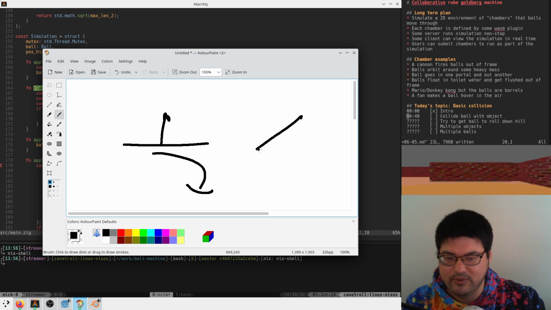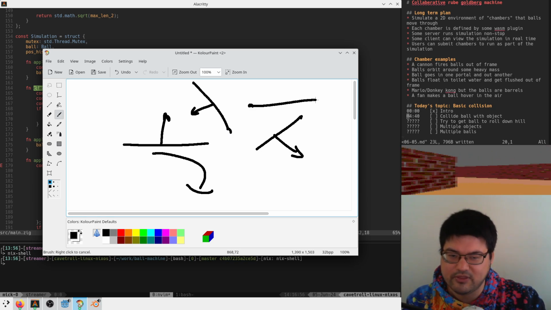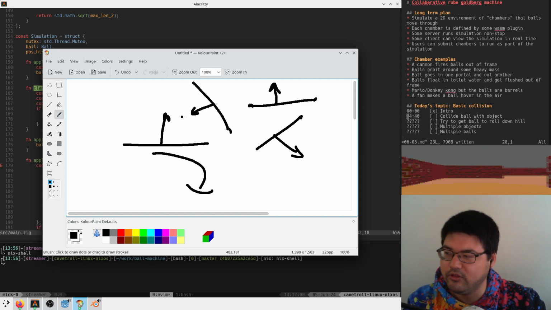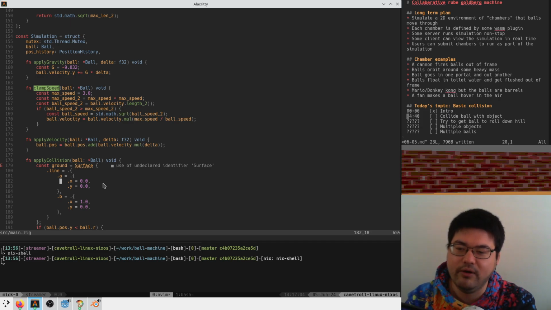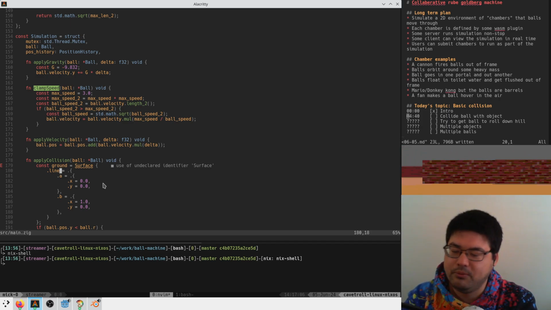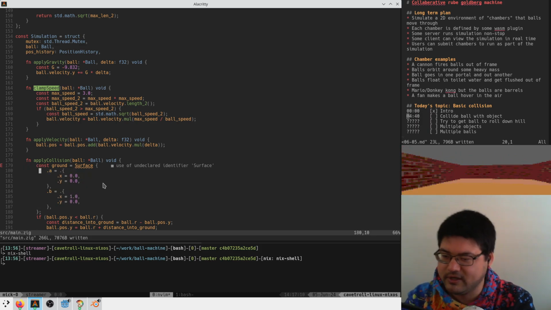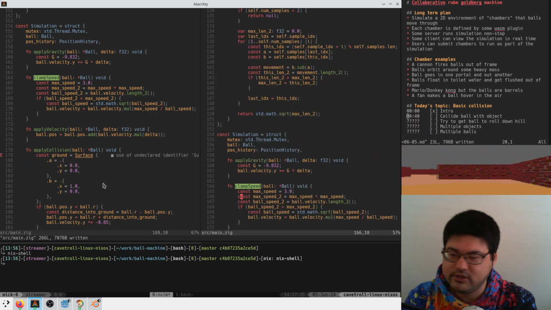So if we have A and B, it points this way. And if we have B and A, it points this way. Yeah, I think that makes sense. I think we can encode the normal out of these 2 points by their order. So I think that's fine. In which case, we can just model the surface as a line completely. Because in 2D, a surface is a line. Which I think makes sense.